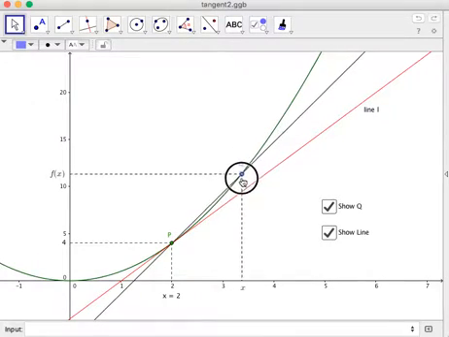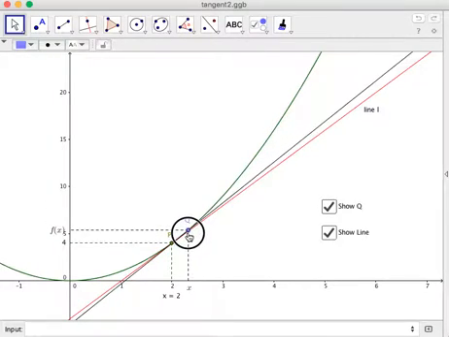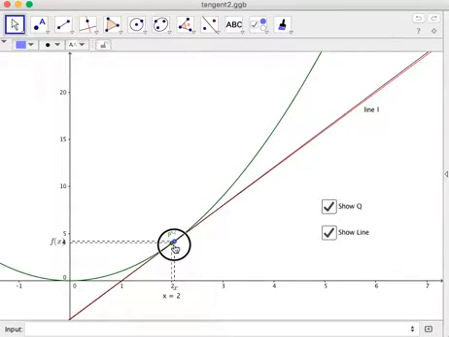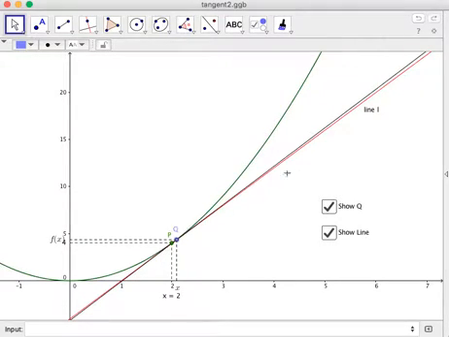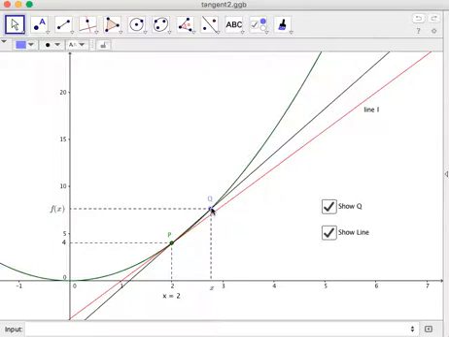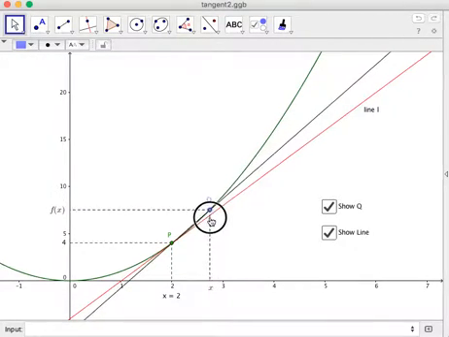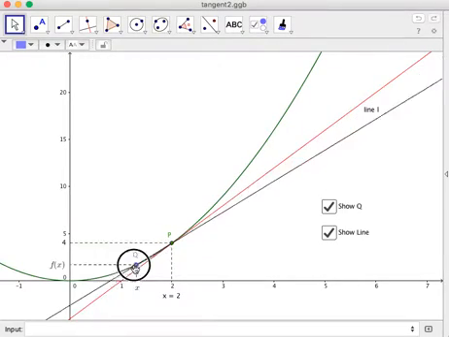So, the strategy is to make Q as close to P as possible. Makikita nyo, pag ginalaw natin yung Q papuntang P, gumagalaw din yung line, yung line PQ papunta doon sa tangent line. Ibig sabihin, ina-approximate din niya yung slope. And in moving the point, we can move from the right, or from the left.